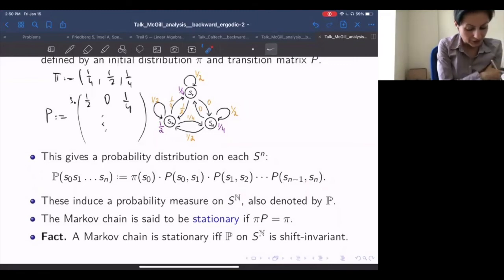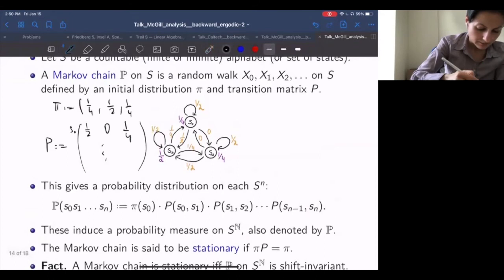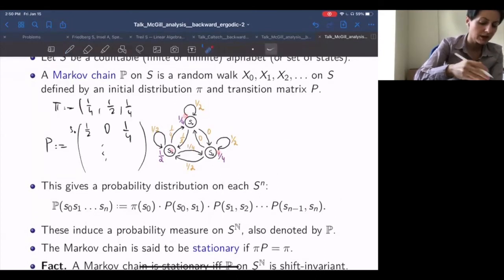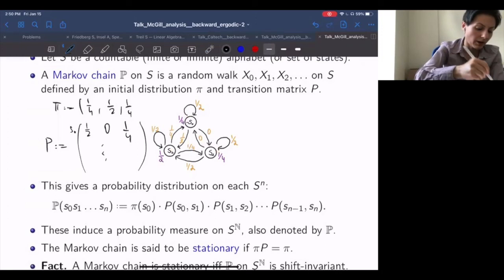And so this Markov chain, yeah, I forgot to say, when you start with an initial probability distribution, now you want to see what is the probability distribution of being at a given state after n many steps.